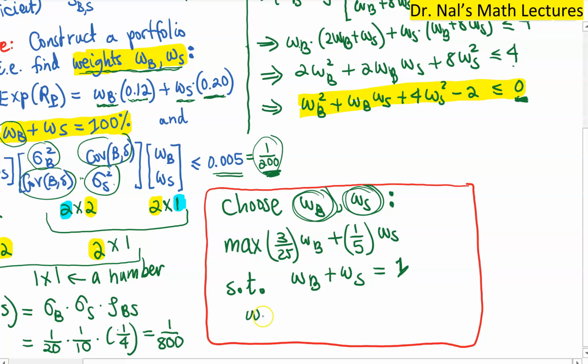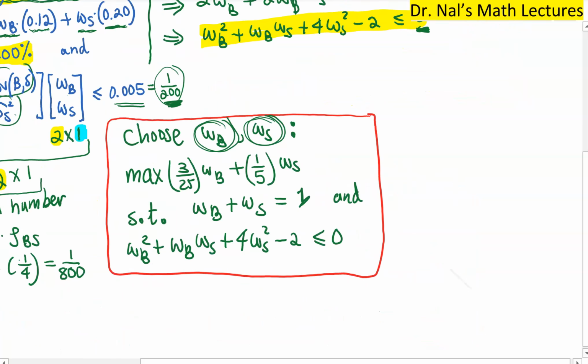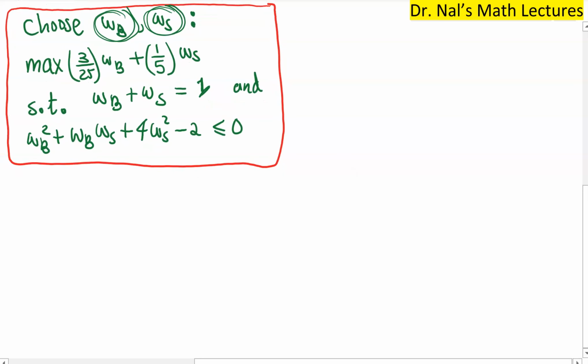We want WB squared plus WB WS plus 4 times WS squared minus 2 is less than or equal to 0. That's it. That's the problem. So let me move everything to the side now. That's the problem that we want to solve.